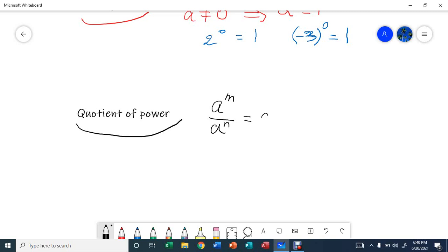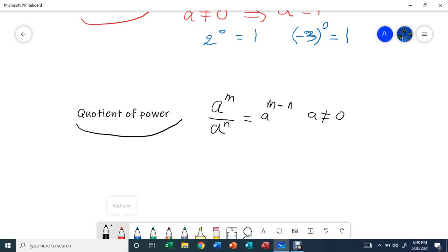So you get a, and you take the difference of the exponents, m minus n. But a must be not equal to 0 because it's in the denominator.